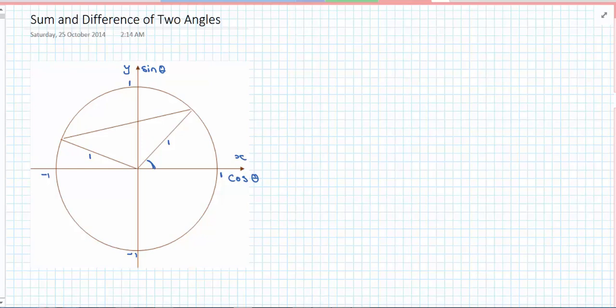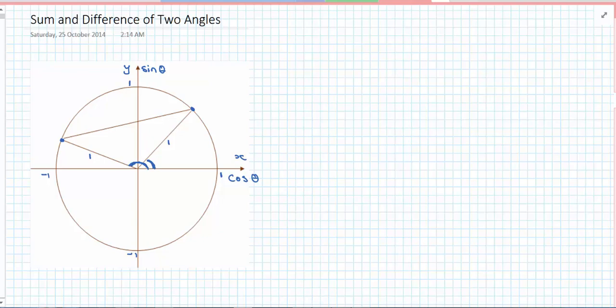Okay, we're going to look at two angles and we're going to look at the difference between them. So I'm looking at the angle going from the x-axis to the second vector here, and from the x-axis to the first vector here.